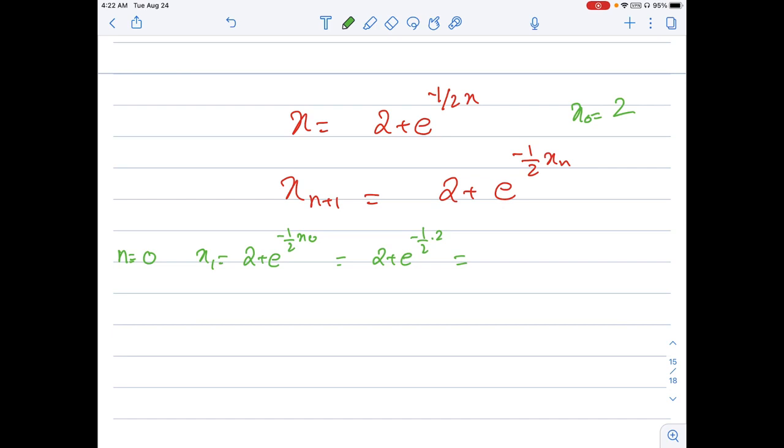Use the calculator and get 4 decimal places. So 2 plus e to the power of negative 1 divided by 2 times 2 gives me 2.3679, to 4 decimal places.